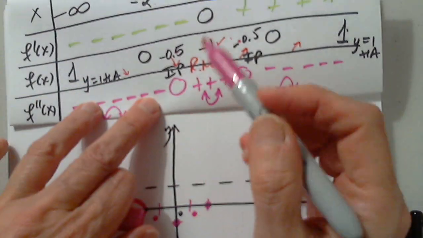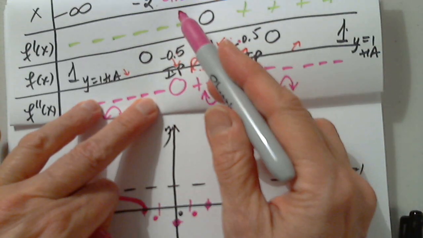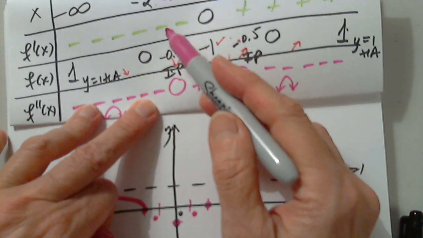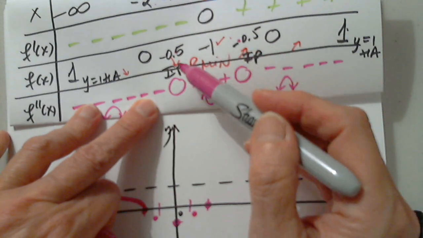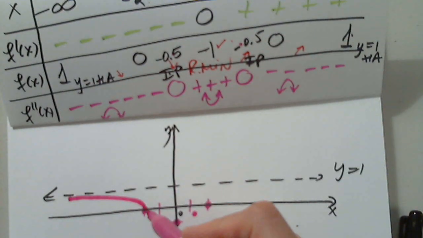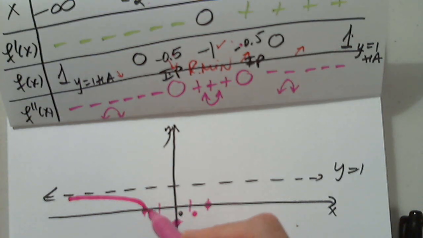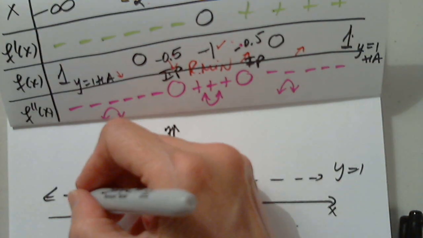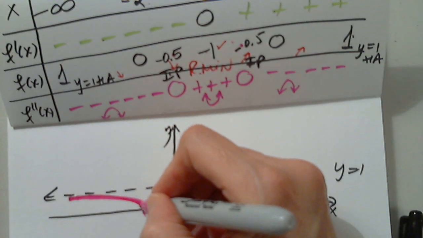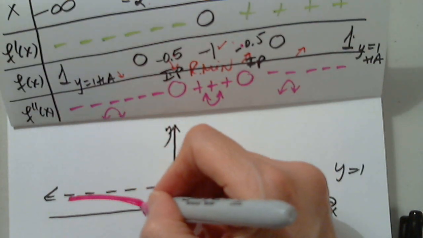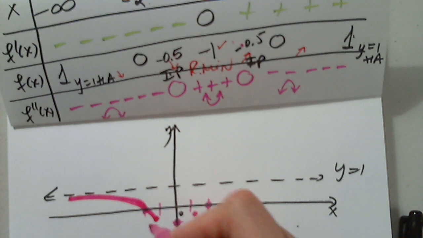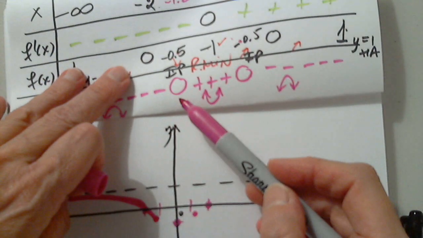Continue to decrease, opening down, to negative 1.2, negative 0.5, where it changes concavity.